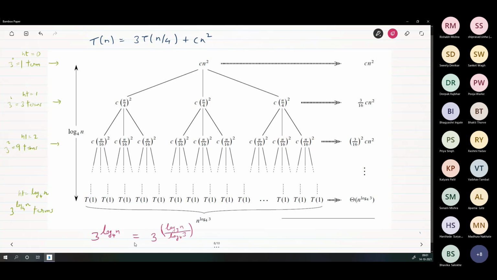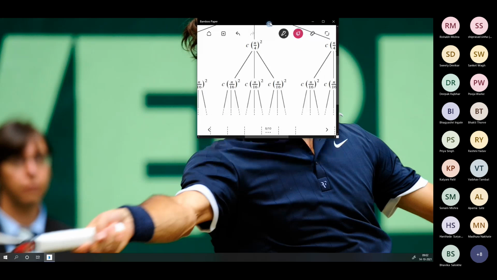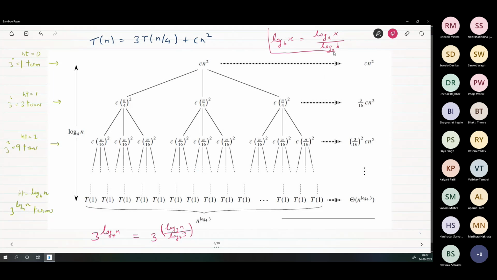This is the base change of logarithm, which you have seen in 11th, 12th grade. What is base change of logarithm? Log x to the base b is equal to log x to the base a divided by log b to the base a, when you are changing from base b to base a. So log n to the base 4 is log n to the base 3 by log 3 to the base 4.